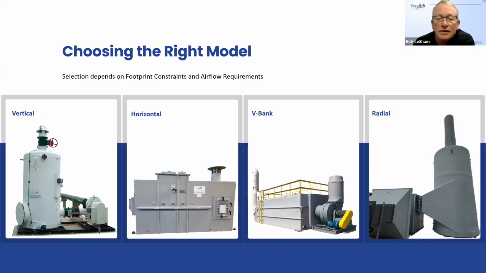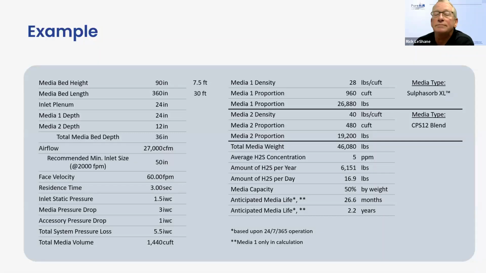So let's go ahead and look at an example of the airflow in the overall system that we have chosen, and talk a little bit about why we chose it. Again, this is just an overall spreadsheet that we use to help us size the systems.